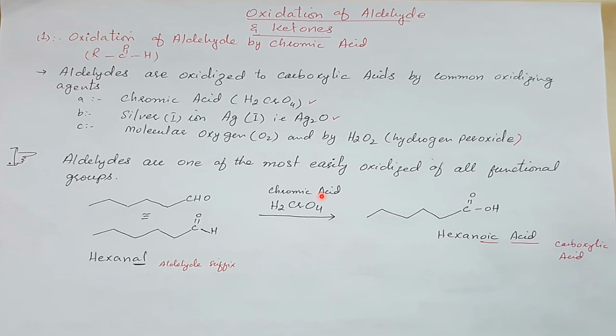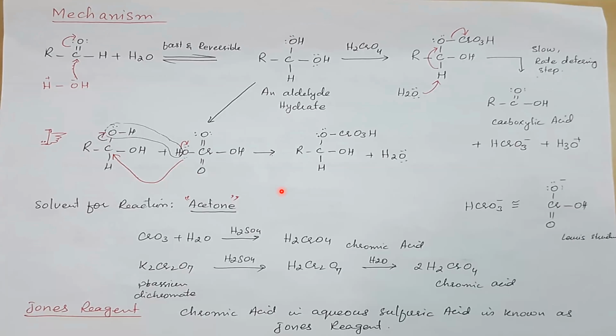The overall reaction is that when we add chromic acid to an aldehyde, the aldehyde functionality is converted into the carboxylic acid functionality. So hexanal, our starting material, is converted into hexanoic acid in the presence of chromic acid. Now we will discuss its mechanism.